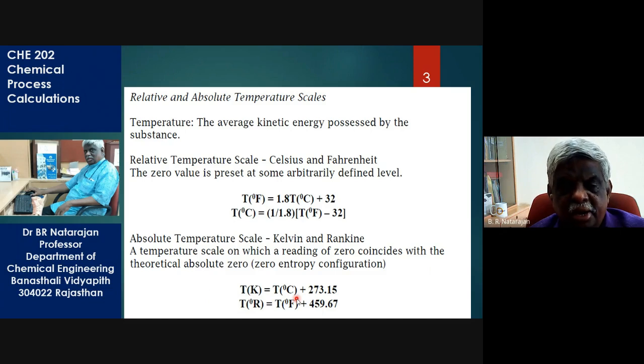Kelvin is degree centigrade plus 273.15. Many times it's done with just 273, ignoring 0.15. Degree Rankine is degree Fahrenheit plus 459.67, which is usually taken as 460. No harm. You can take 459.67 or 460, 273.15 or 273, depending upon how you are rounding it off.